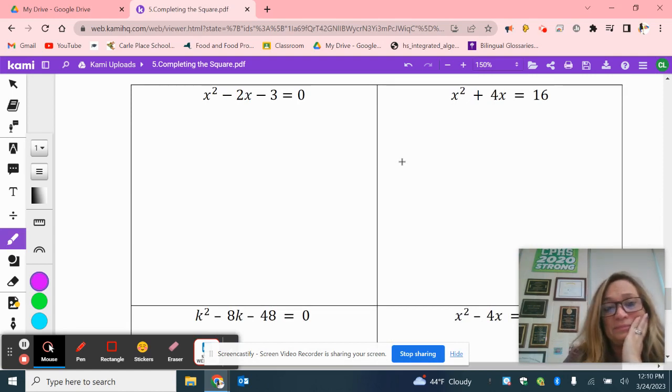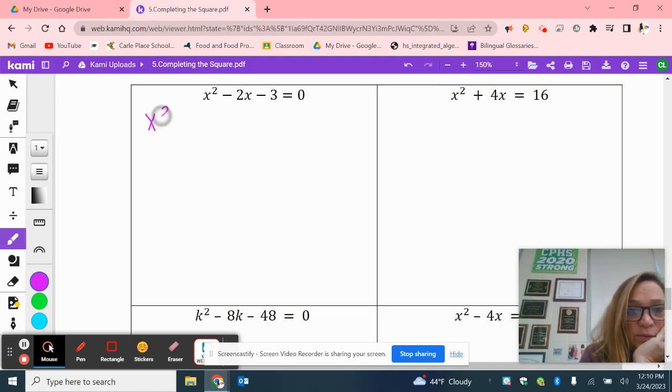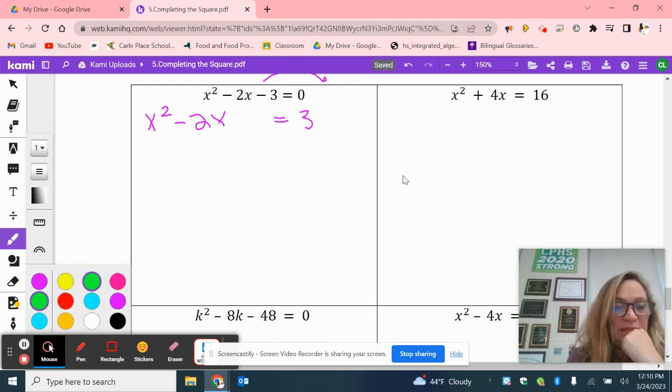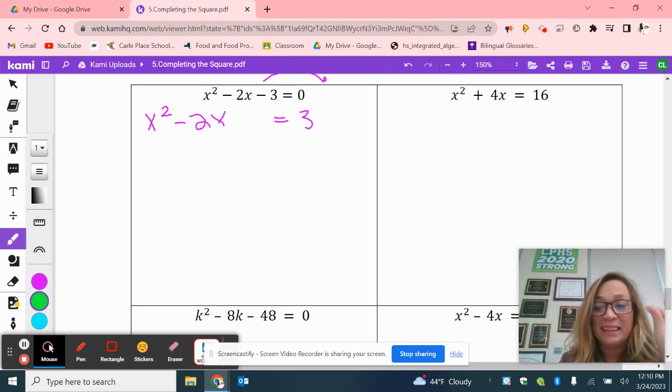All right? Okay, so I'm going to start with the x squared minus 2x, and I'm going to move the negative 3 to the other side. The opposite of subtracting is adding. Now, I'm looking for the number that would go next to the subtraction 2x to make that left side a perfect square trinomial.